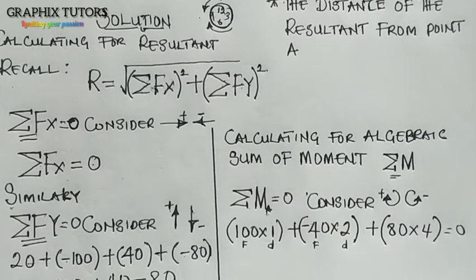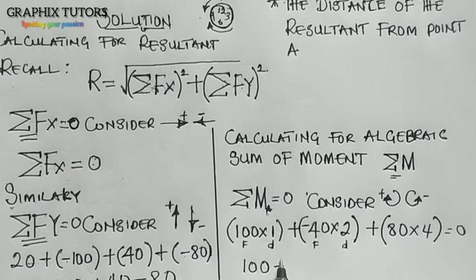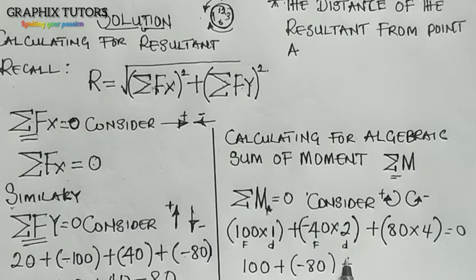80 times 4 equals 320. Now from here, 100 times 1 is 100, plus 40 times 2 is minus 80, plus 80 times 4 is 320, equals to 0.